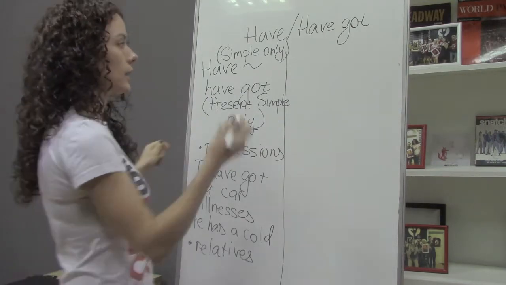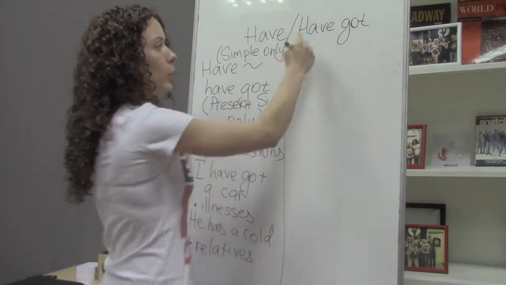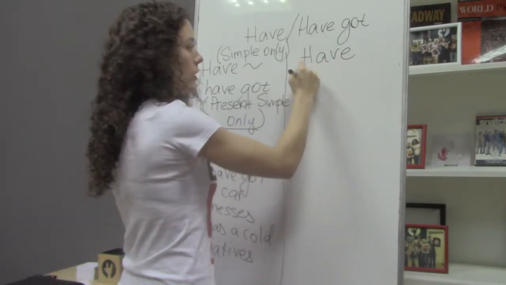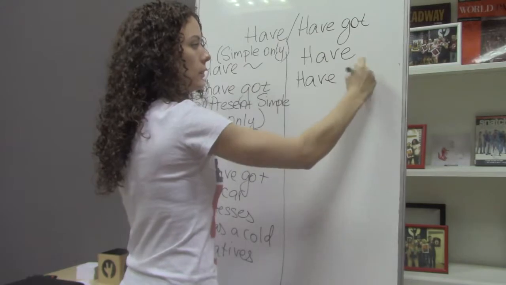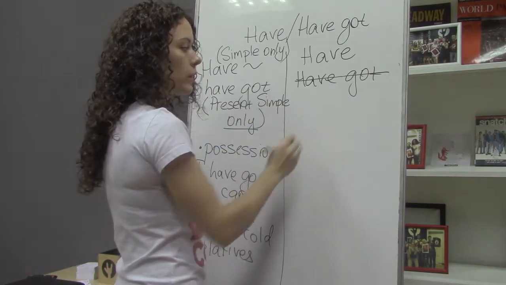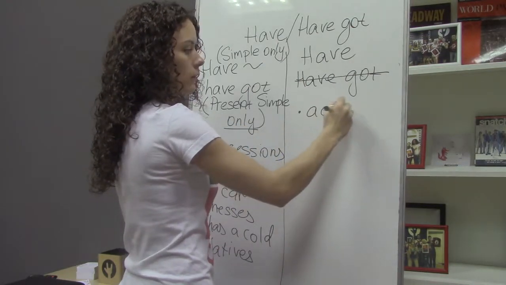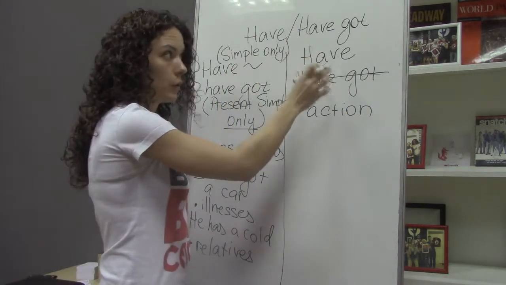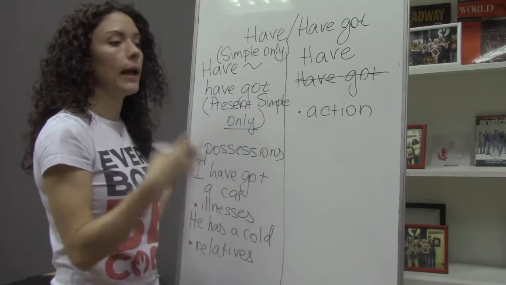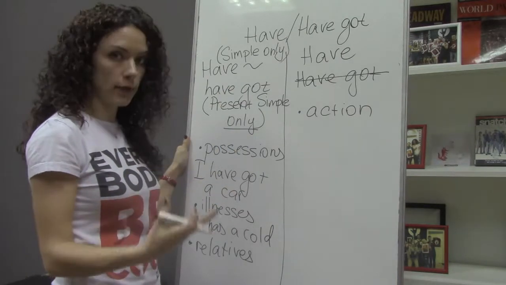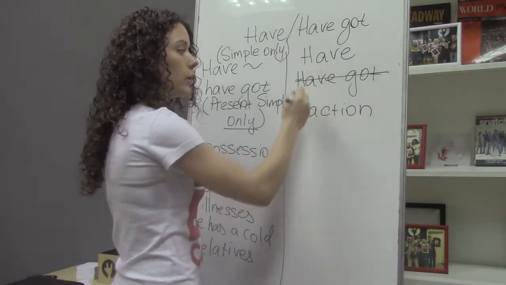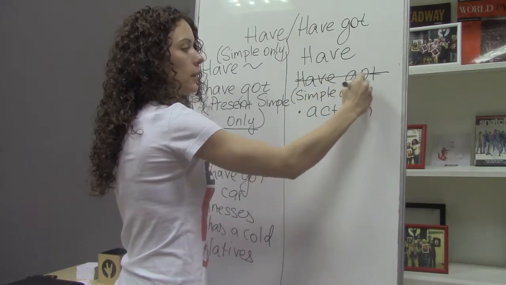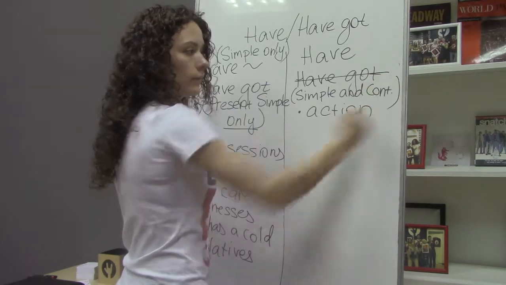Now let's take a look at the following use. We use have and we never use have got when we talk about action. So we use have when we mean action as an active verb, as a progressive verb. Here we can talk about simple and continuous tenses.